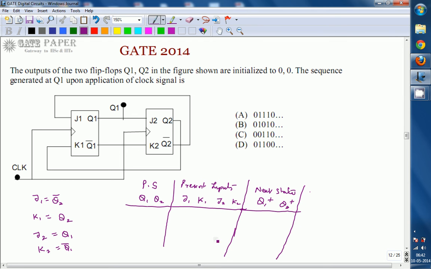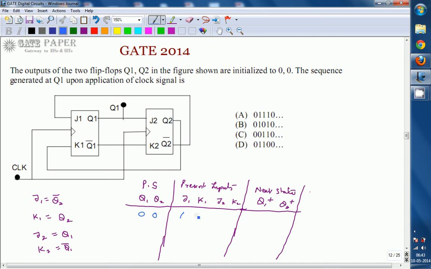So we can go in this way. Now, initially both the flip-flops are reset, so we can write Q1 and Q2 as 0, 0. J1 is Q2 bar, so Q2 is 0, Q2 bar is 1.